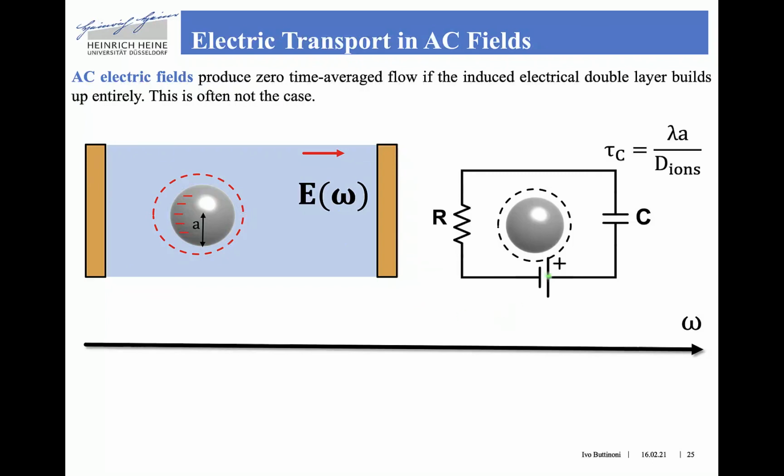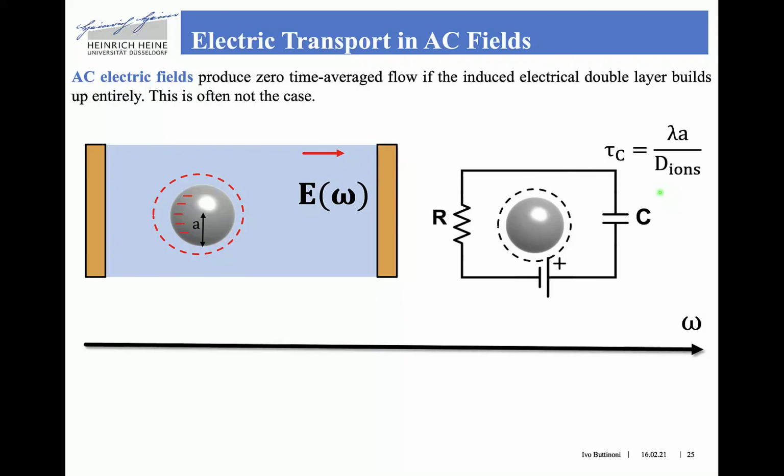This is a very smart way to model it, with capacitors of thickness lambda and charging time tau_c, where this tau_c is proportional to the size of the object and to the Debye screening length, and is inversely proportional to the diffusion coefficient of the surrounding ions. In other words, thicker interfaces, which are made of slow ions, take a longer time to form.